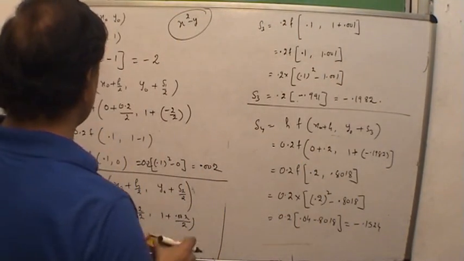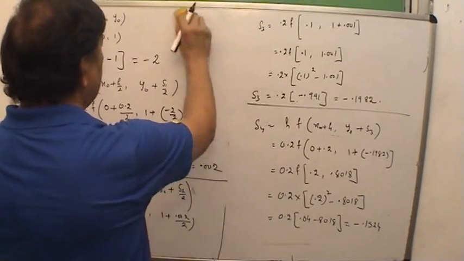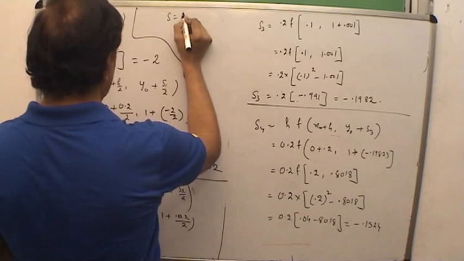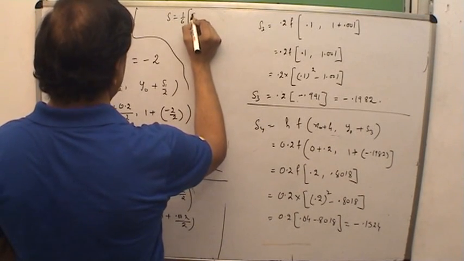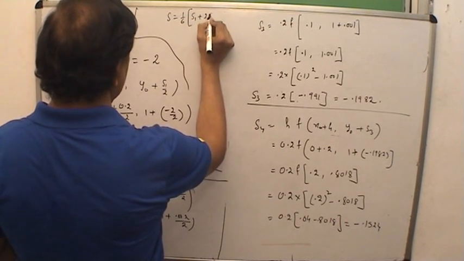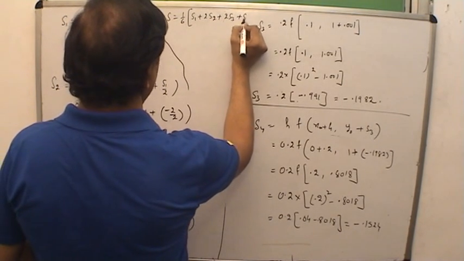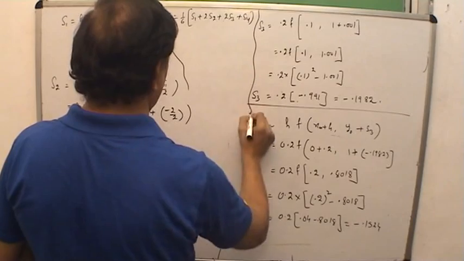In this way we get all the values. Now we find the S. S is equal to 1 by 6 into S1 plus 2 times of S2 plus 2 times of S3 plus S4.